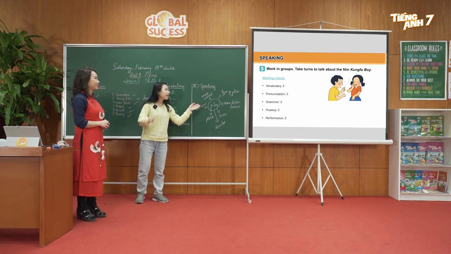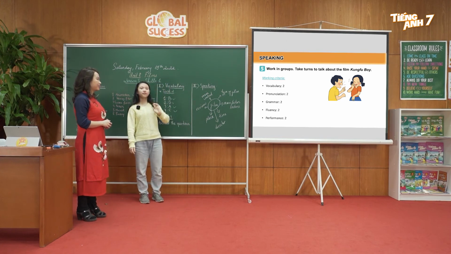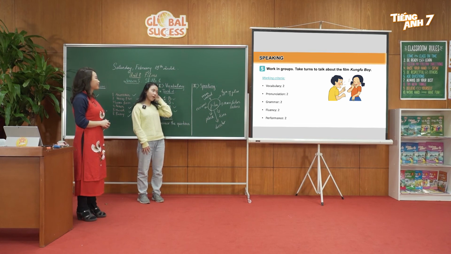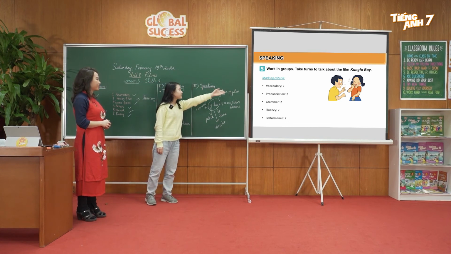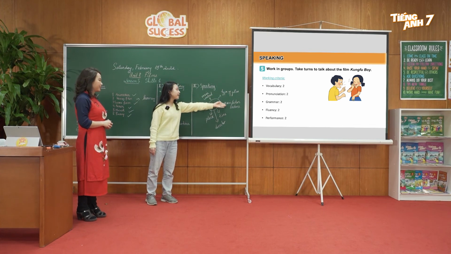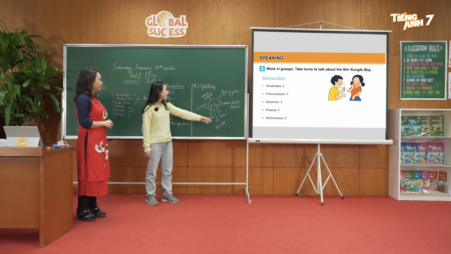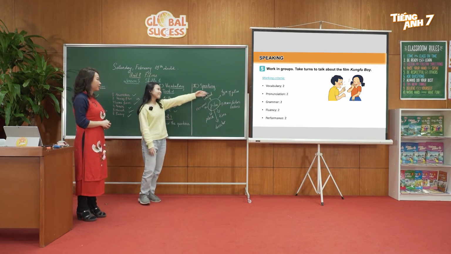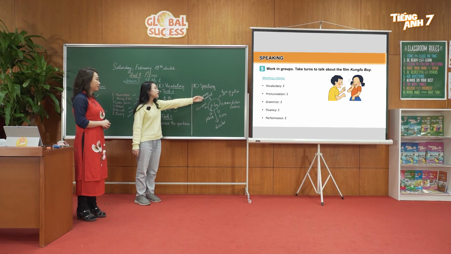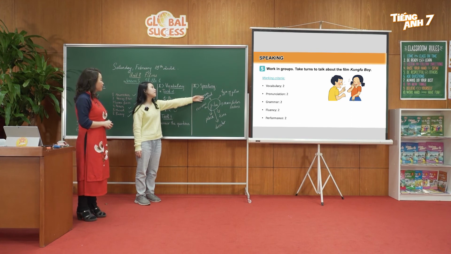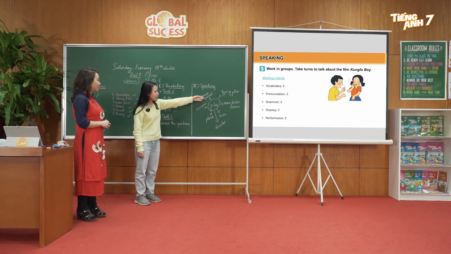Hi there. Now I talk about the film Kung Fu Boy. The type of film is comedy. The main actor is Bruce Wayne, and the film is about a very big boy who saved his town and became a hero.